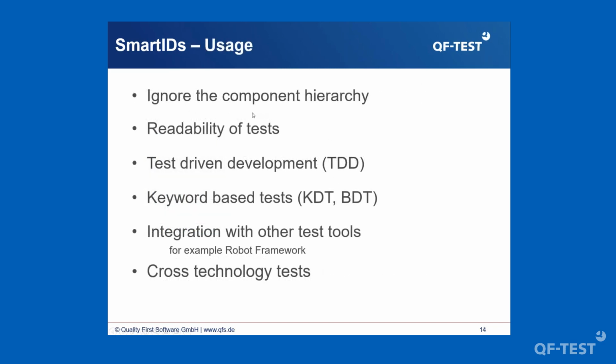Right, where are the typical usages? When you want to get rid of the component hierarchy to increase the readability of tests, especially with procedure calls. Then you can do test-driven development, because you don't have to record the components or create the generic components.